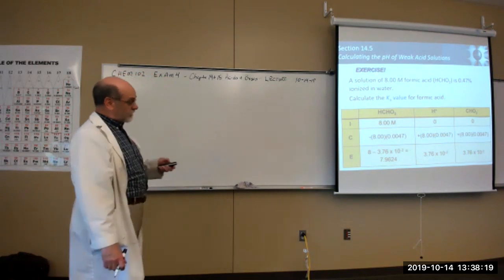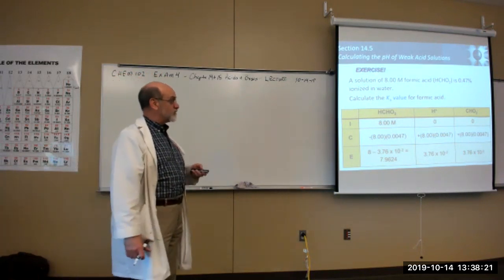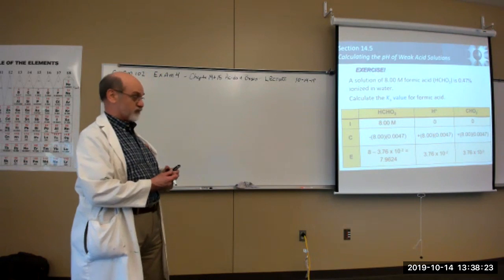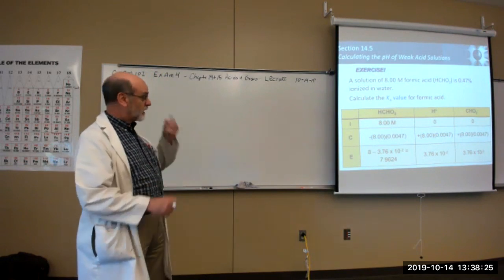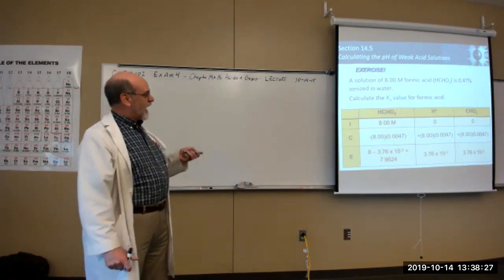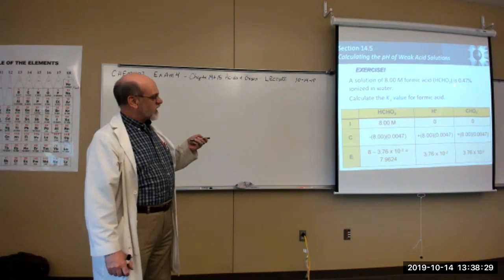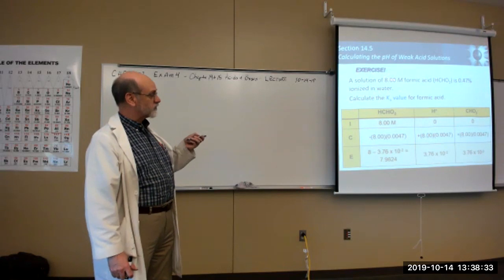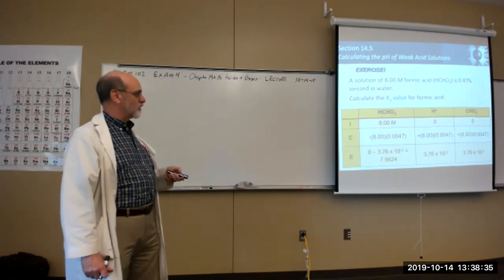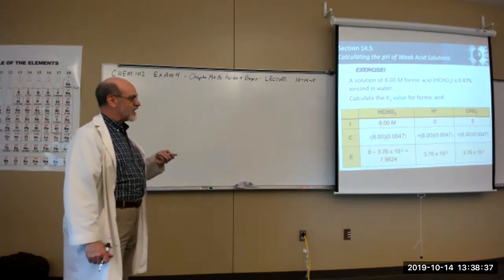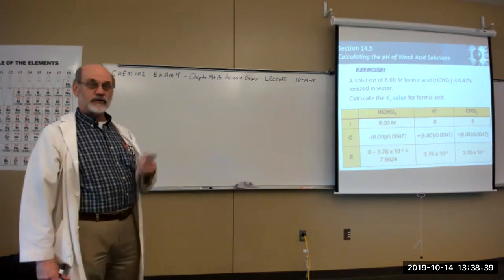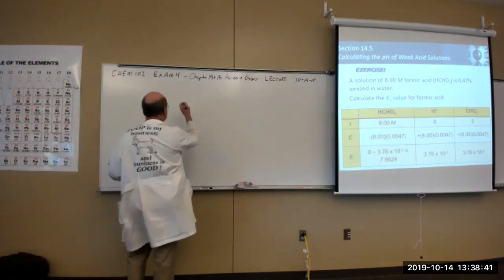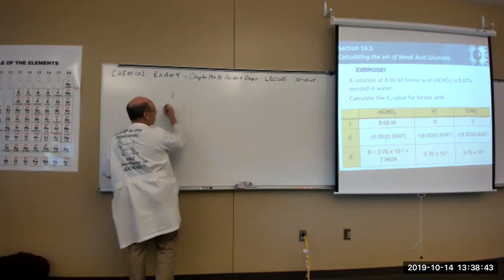Okay, so if we start off with a solution of 8 molar formic acid, which is pretty high, and the dissociation is 0.47%. Okay, we're given those facts. Can we determine the Ka for formic acid? In order to do the Ka for formic acid, we need to satisfy these conditions.